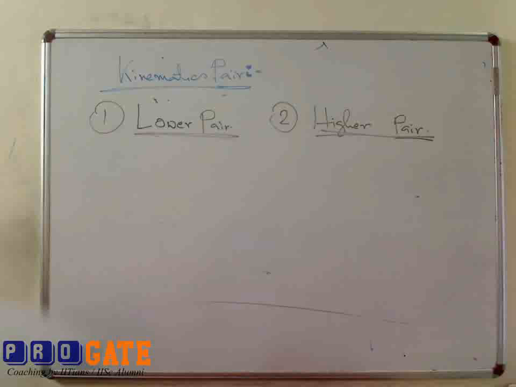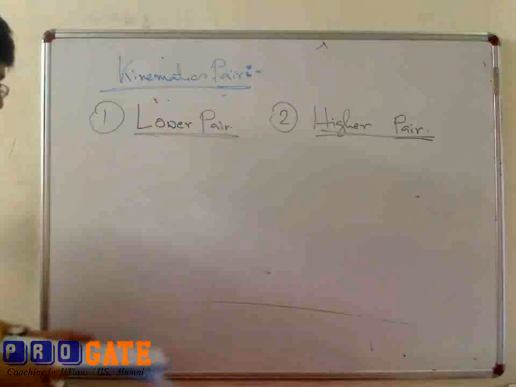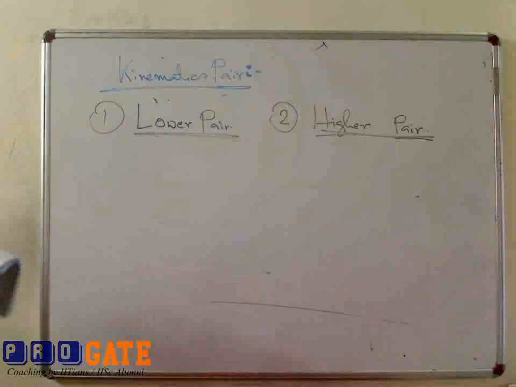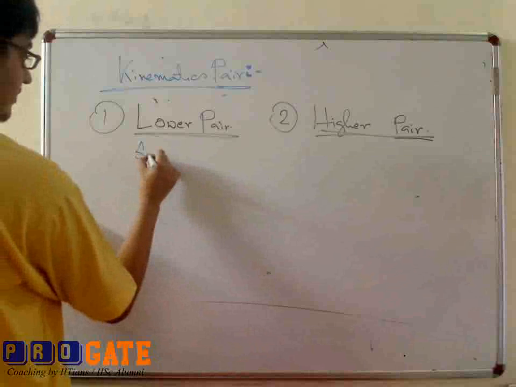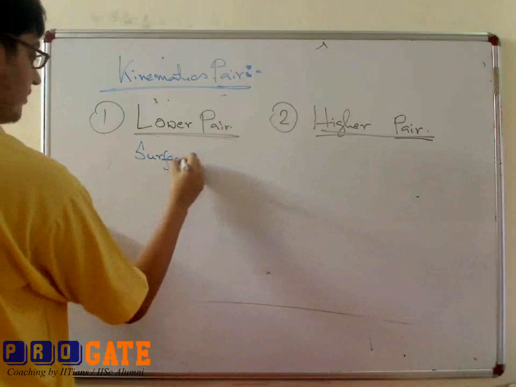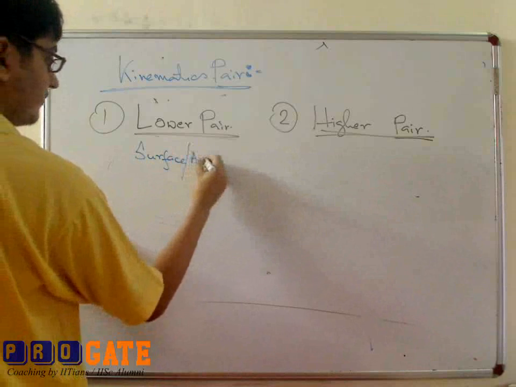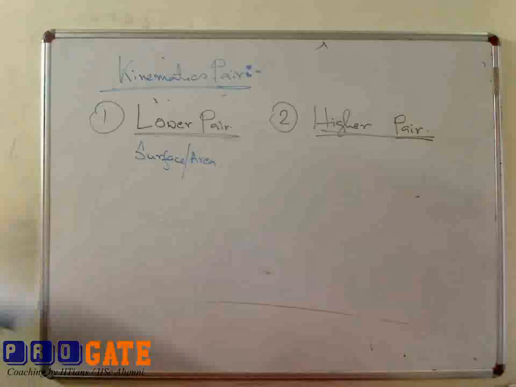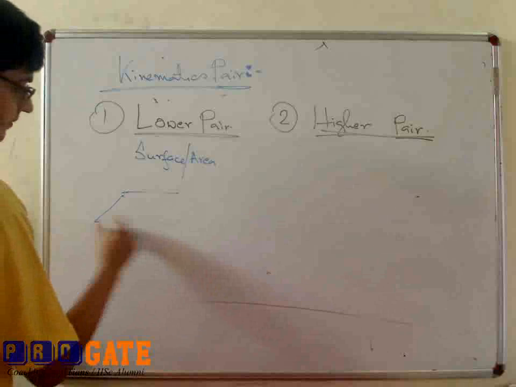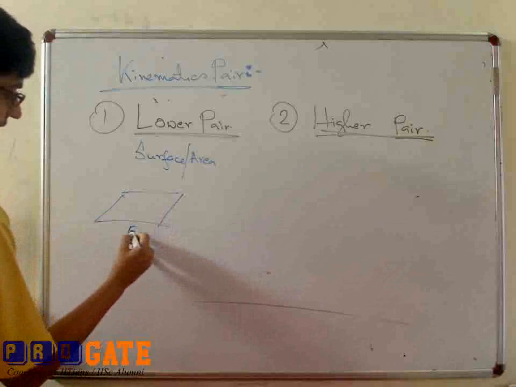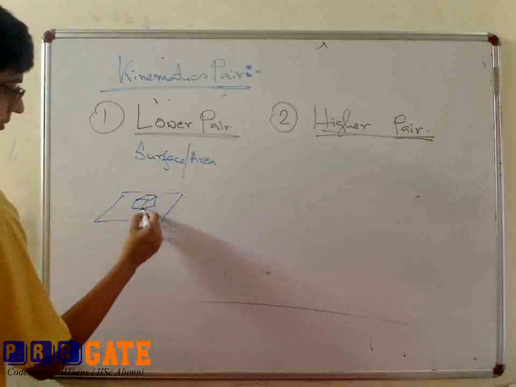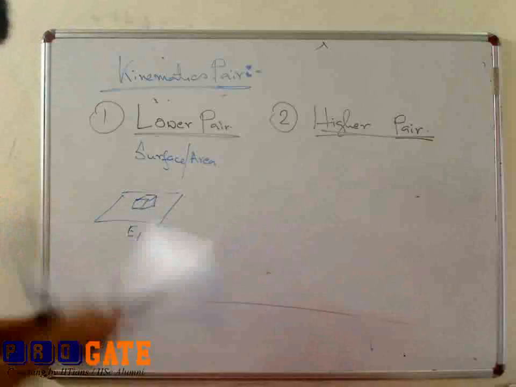When the contact between the two elements is surface or area contact, then this is known as a lower pair. Surface and area contact means, say this is element 1, this is a rectangular block, so this is a surface or area contact.